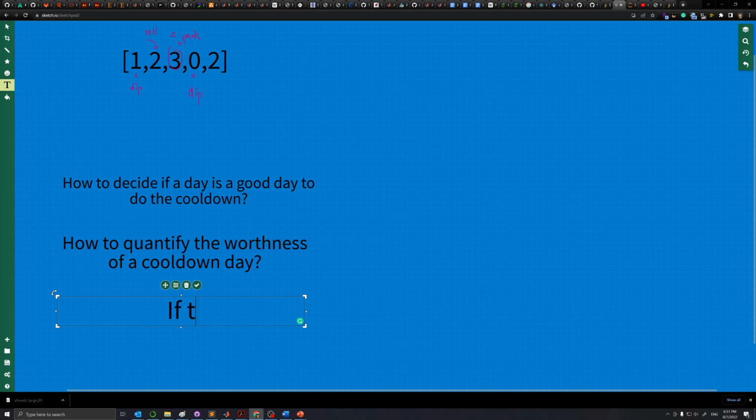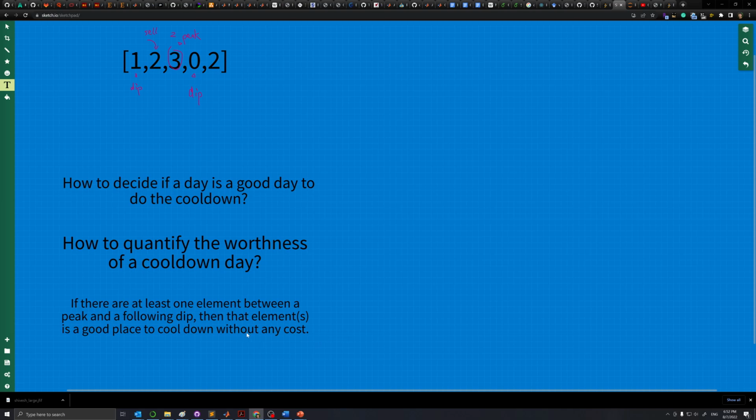If there is at least one element between a peak and a following dip, then that element, or those elements, is a good place to cool down without any cost, right? It's going to be like a free cooldown there.